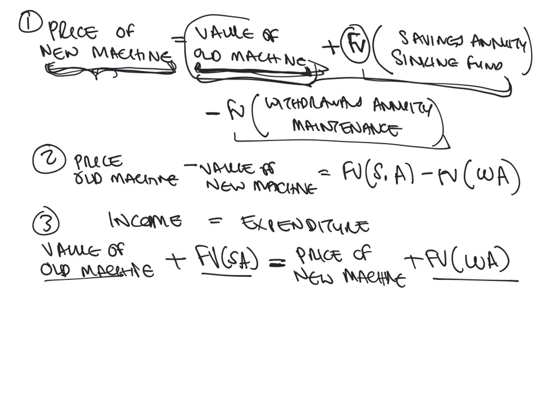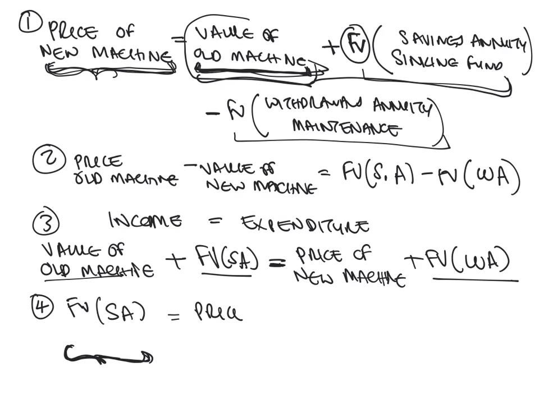Okay, then let's look at a last formulation. Again, it's just rearranging the formulas. It's just my point of view that is different here. The last one is if I work out the future value of my savings annuity. What is the future value of my savings annuity? It is the amount that I need to have in my account in order to overcome that shortfall. And what is that amount going to be?